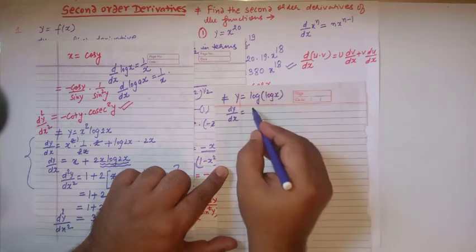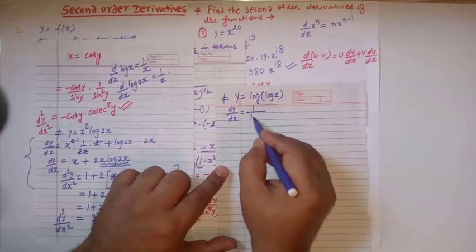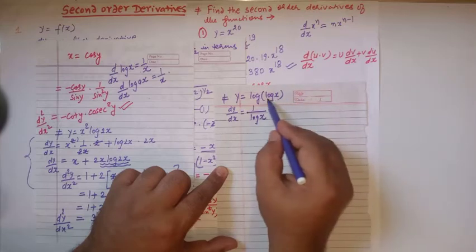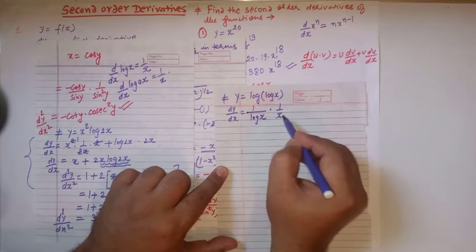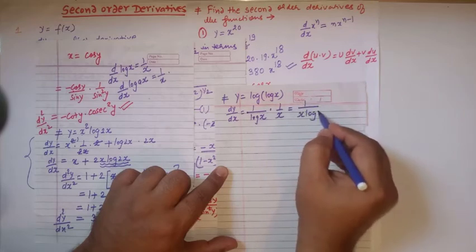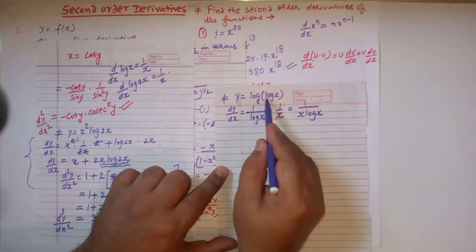So we have the derivative of log t is 1 over t. So we have 1 over log x. Then the derivative of log x is 1 over x, right? So this is 1 over x log x. So this is the first derivative.